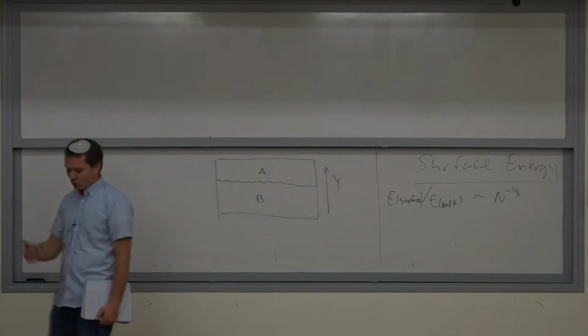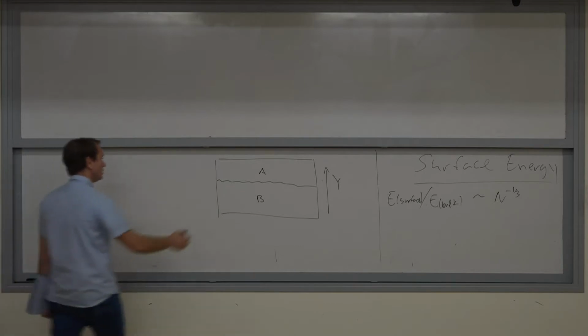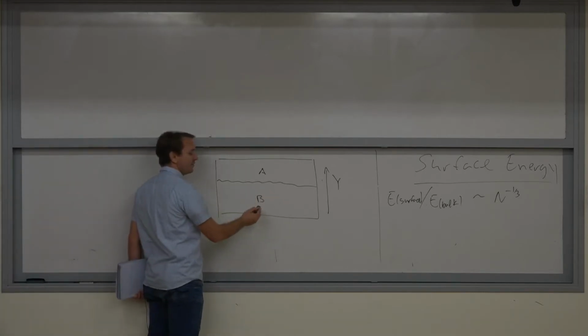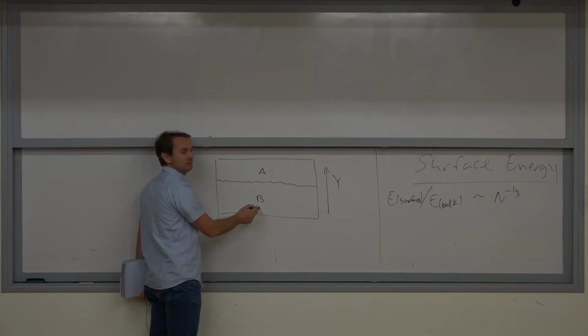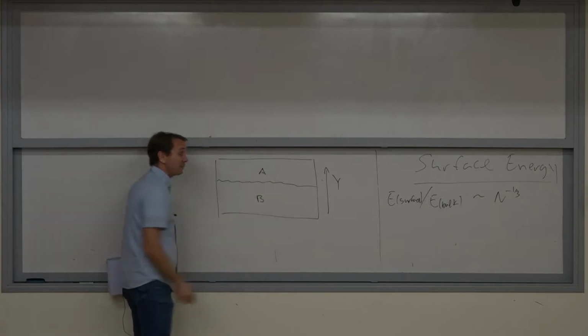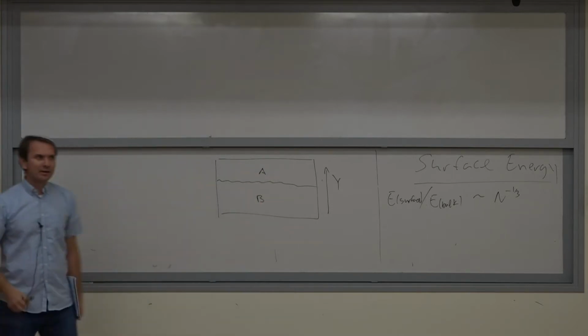So I change my coordinate. I can go from bulk, where I have only type B here, it can be phase B or system B, and I can go to phase A, which can also be system A.